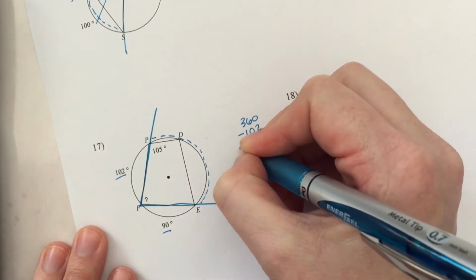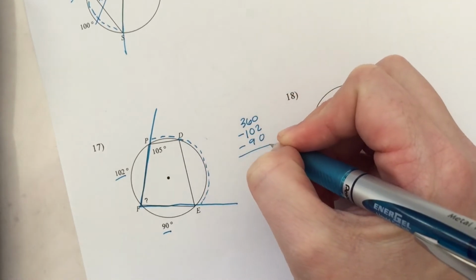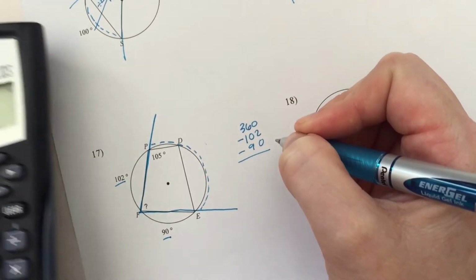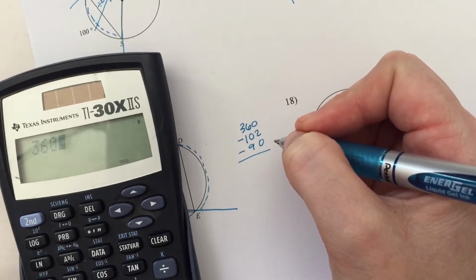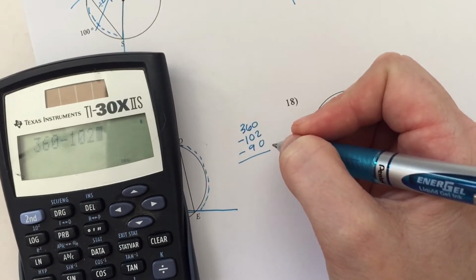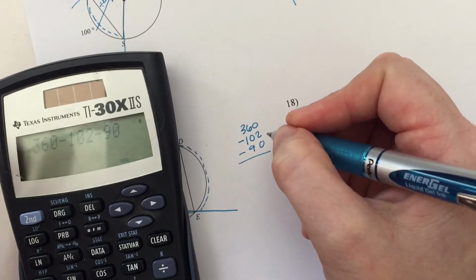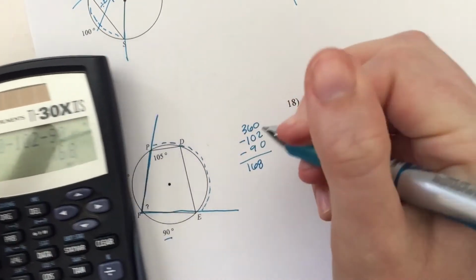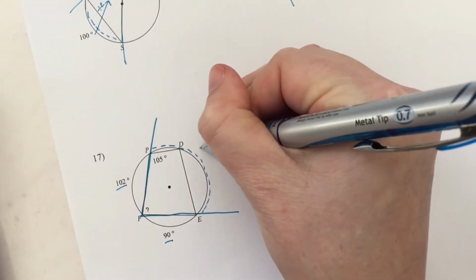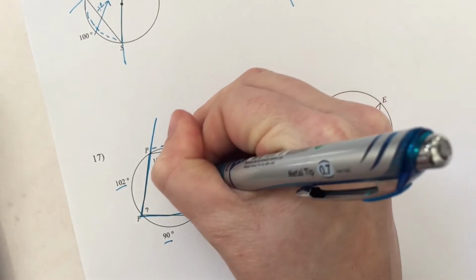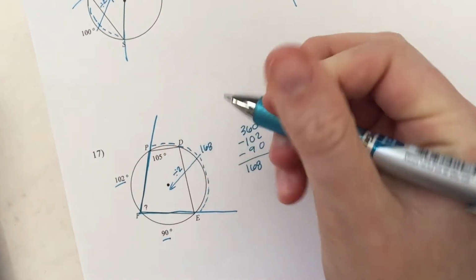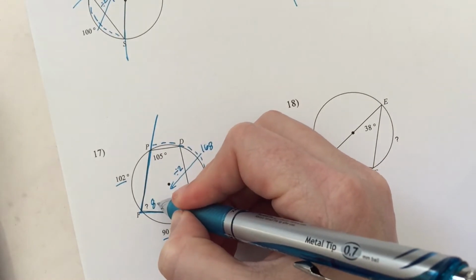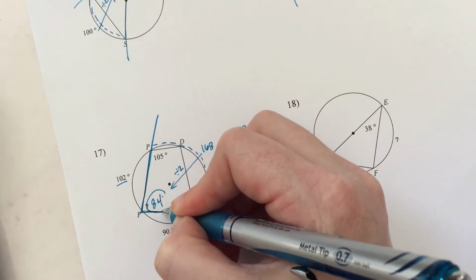I'm going to minus the 102 and minus the 90. 360 minus the 102 minus the 90. So I know that this piece should be 168. And then when I take it into the angle, we divide by 2 and get 84 degrees.